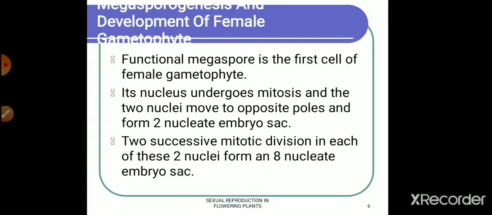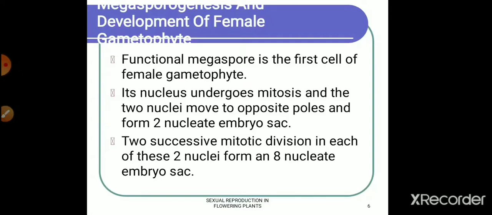The functional megaspore is the first cell of the female gametophyte. It occurs inside the nucellus of the developing ovule of the angiosperm. The process begins very early, when the nucellus is not completely surrounded by the integument.